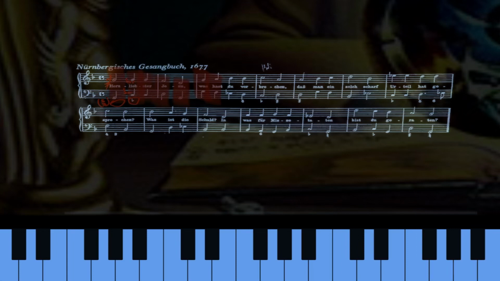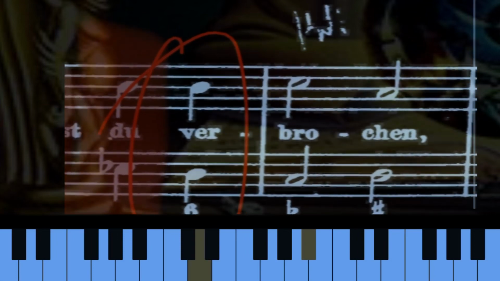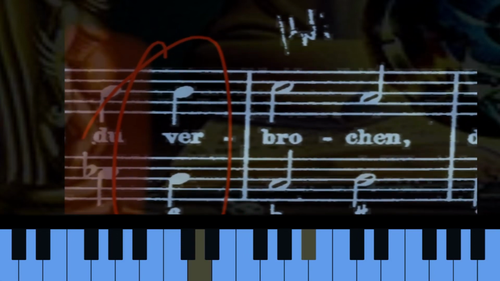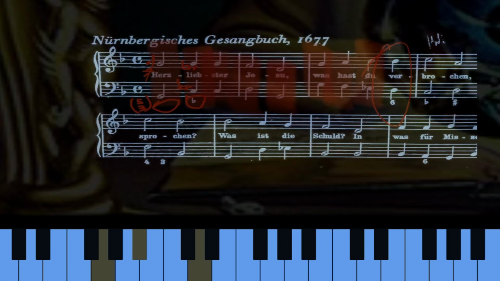And now here you have a 6, and a 6 means that you play the 6th to the bass tone, and you play the 3rd, and you play the next tone that is missing. Because when you have, like in the beginning, just G, that means that the 3rd and the 5th are written there, so to say.